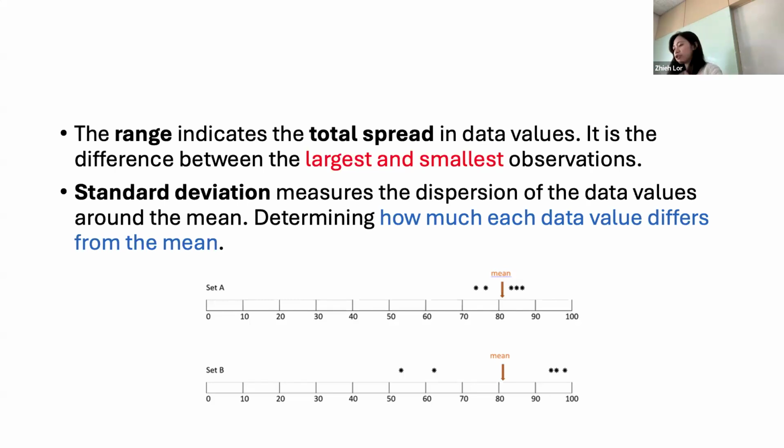Everyone has a different score, right? We are not all going to be close to 80, but how far are we? My quiz score, how far is my score from the mean score? That is standard deviation.